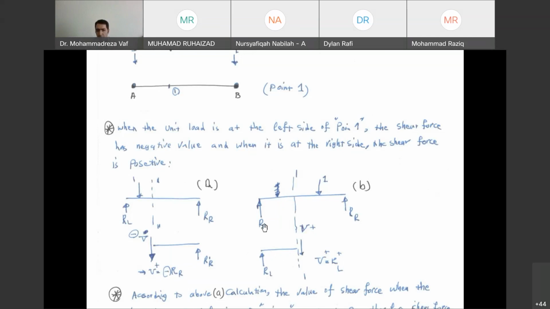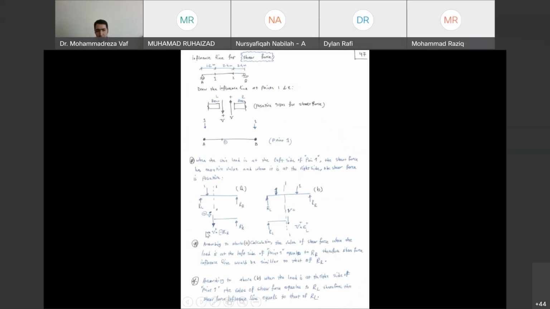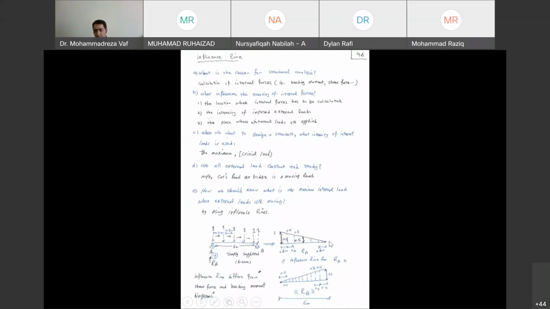So if we have already calculated the influence line for point A and point B, or left and right side, we can easily get the influence line of shear force at point 1 based on them. If you go back to our calculation, we can see we already have the influence line for RA and RB.